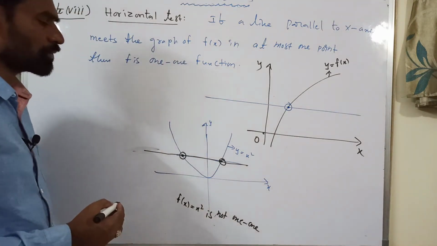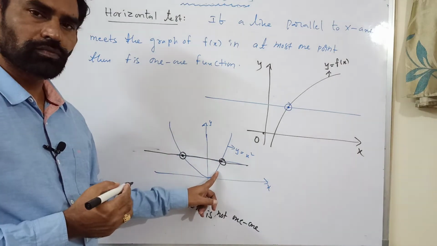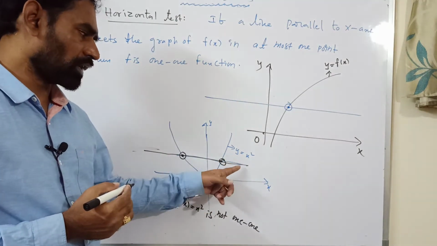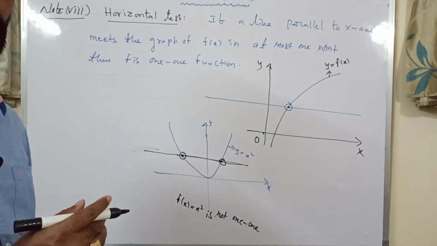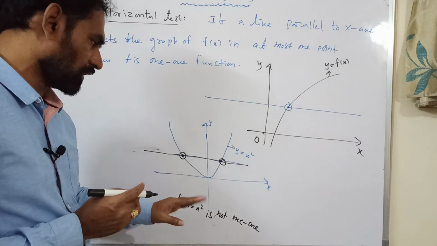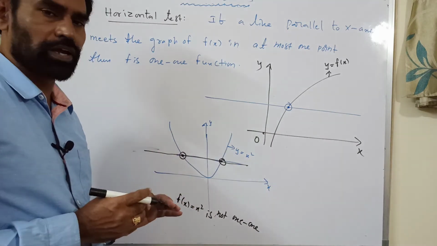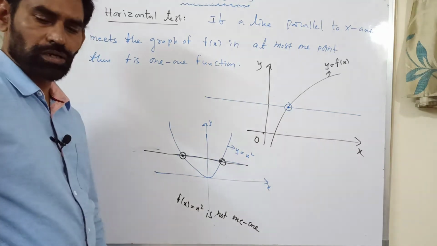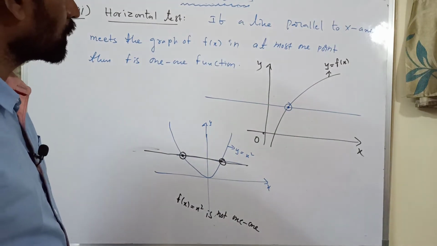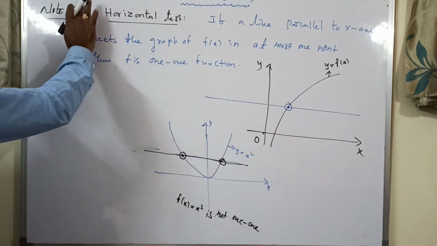In the previous example we already proved that y equals x square from R to R is not 1-1. Theoretically the proof is over, but according to the graph, this test is known as the horizontal test. Next, one more formula to prove whether the given function is 1-1 or not. Note number 9. Strictly increasing functions.